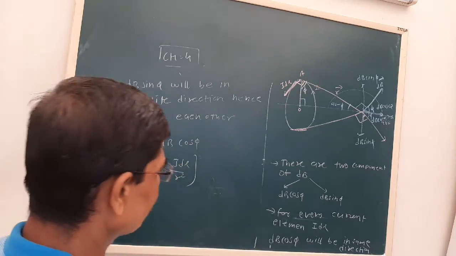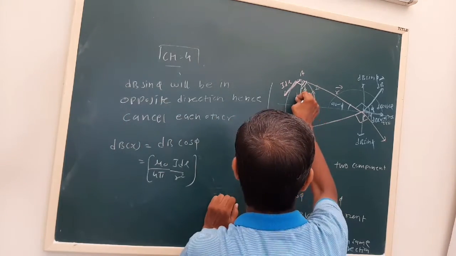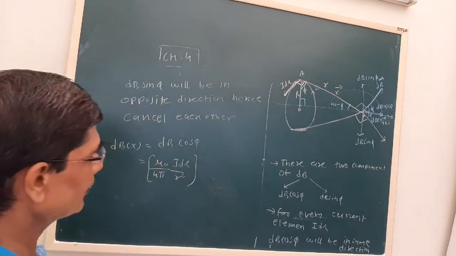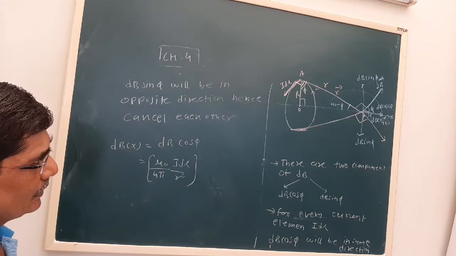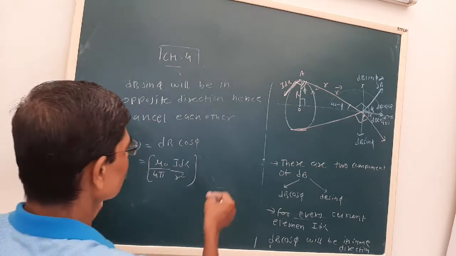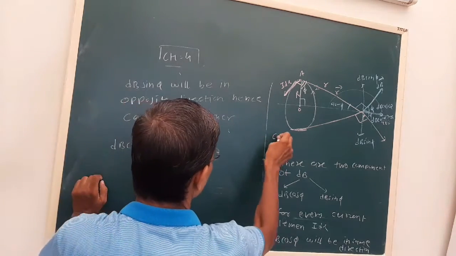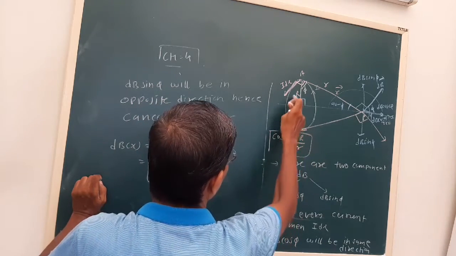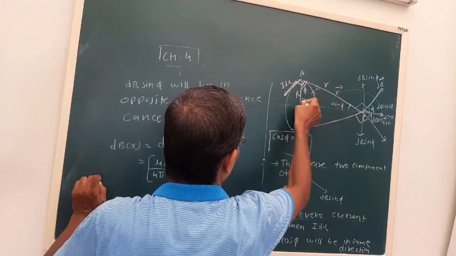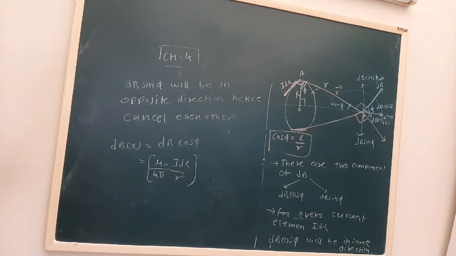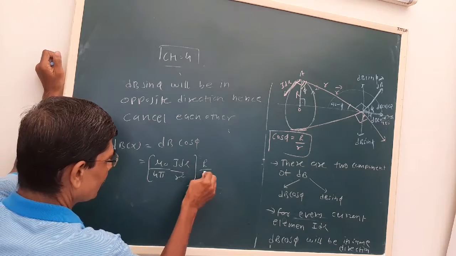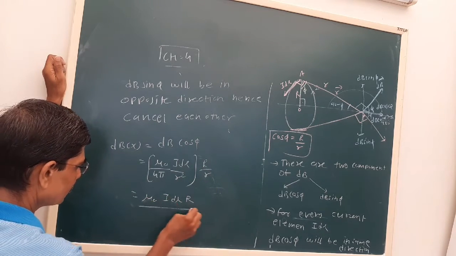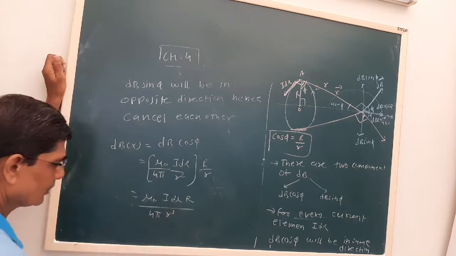Now cos phi from the geometry of the figure: here r is the radius, and AP is r that we have discussed. So cos phi is adjacent upon hypotenuse, since this is 90 degrees, so cos phi is r upon r. So that will become mu 0 IDL r upon 4 pi r cube.